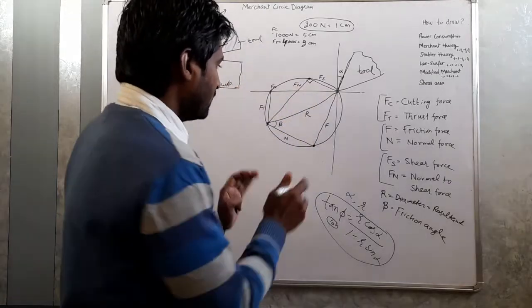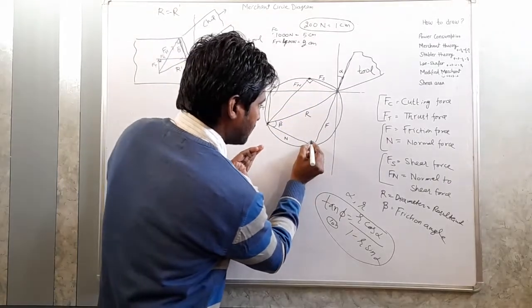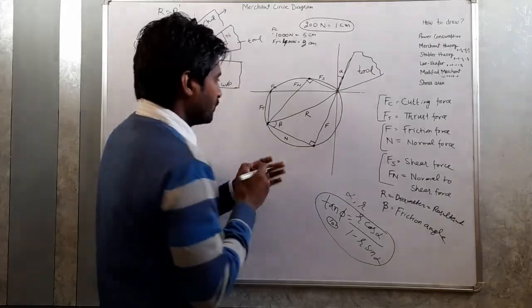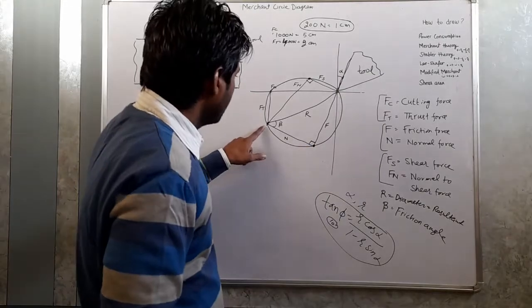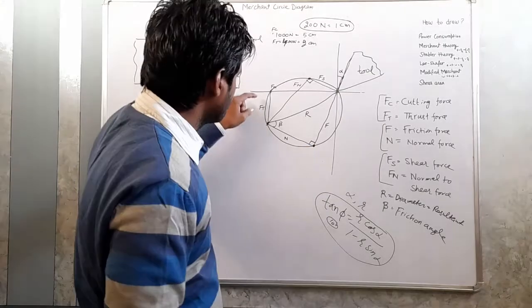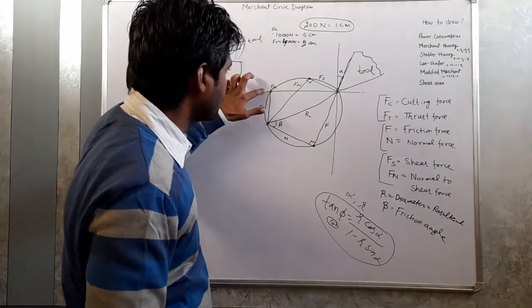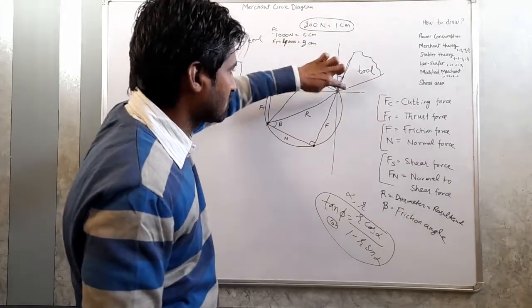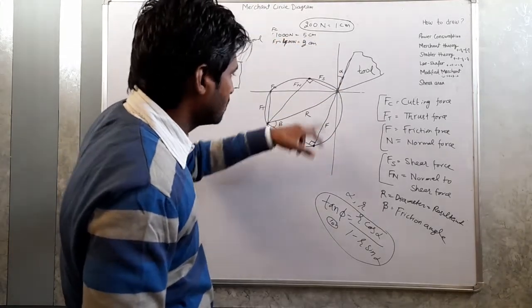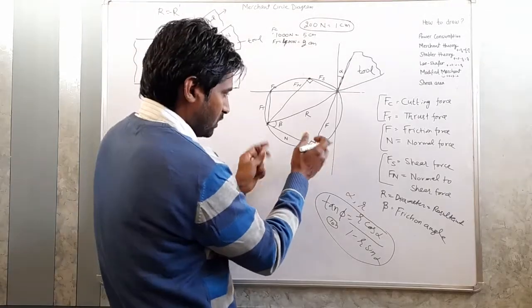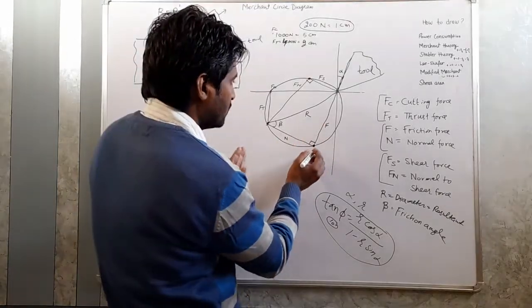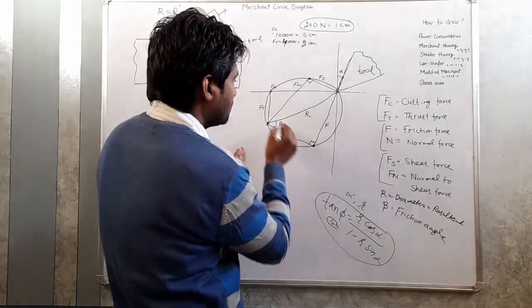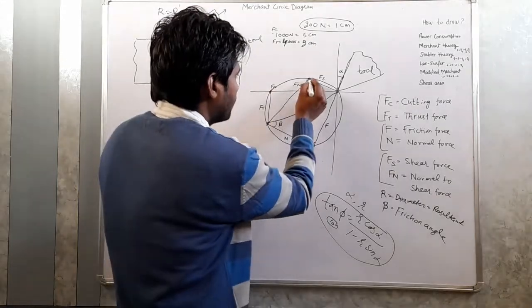We can see here that this is also a 90 degree angle. The point that exists at the periphery of the circle, where the two forces are meeting, is a 90 degree angle.